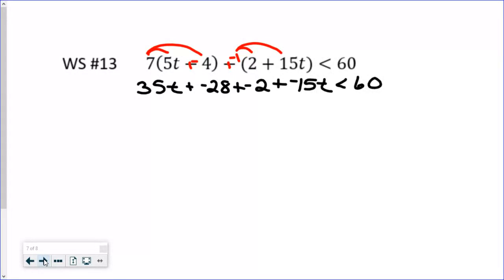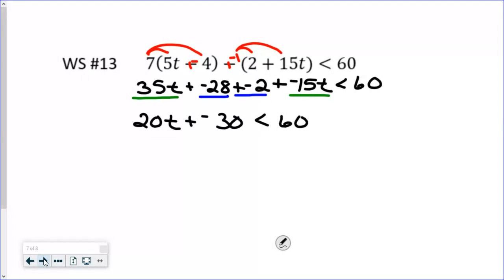Okay, now I have a 35t and I have a -15t. When I combine those, I get 20t plus, now I have -28 plus a -2, and that gives me a -30. I just combine like terms.